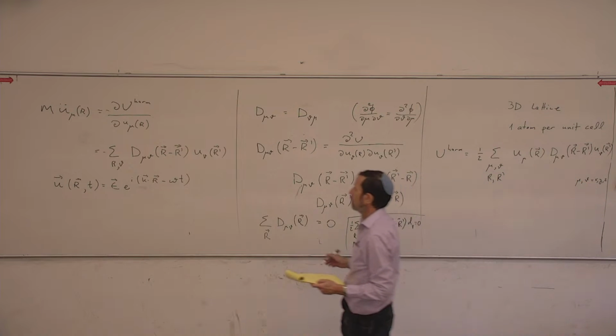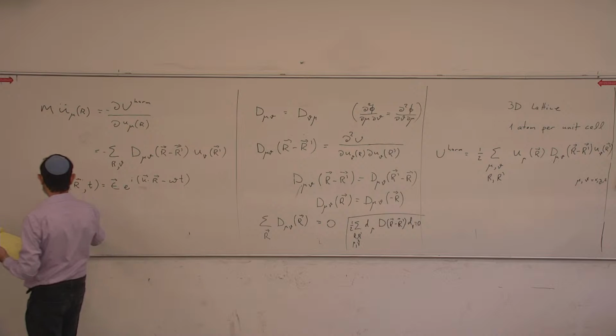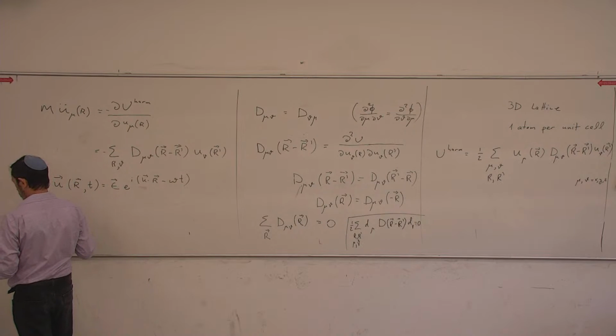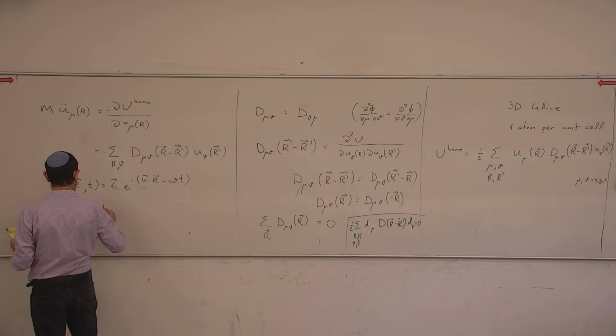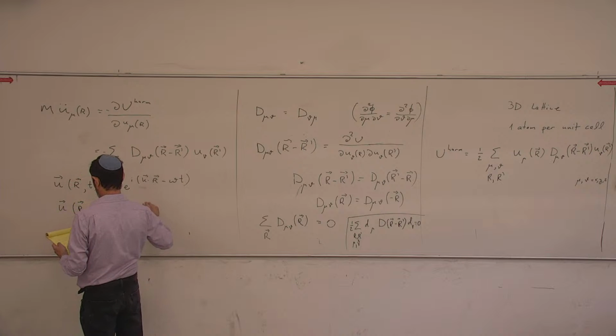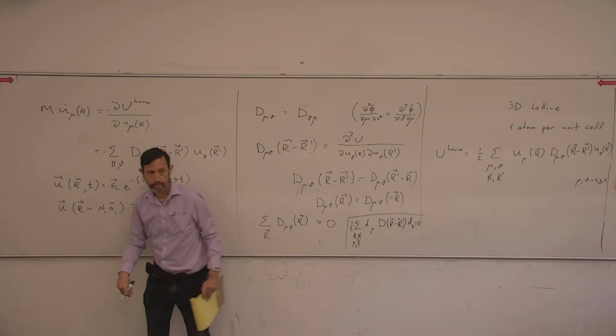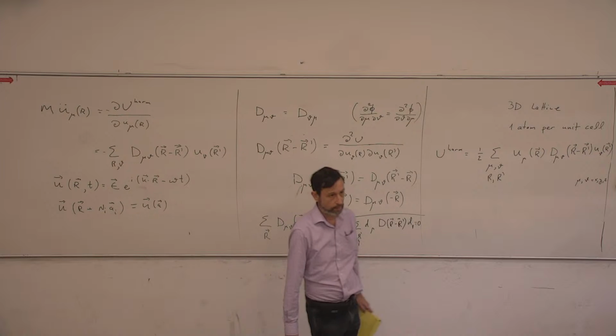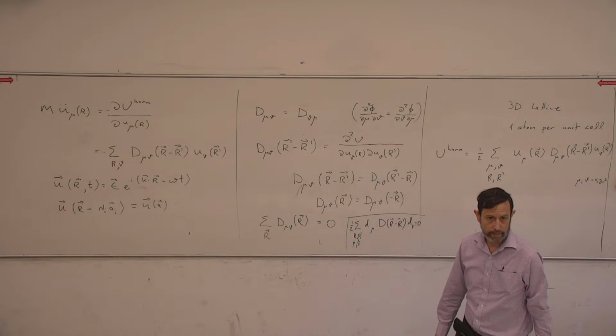Okay. We still have periodic boundary conditions, which means that R, okay.